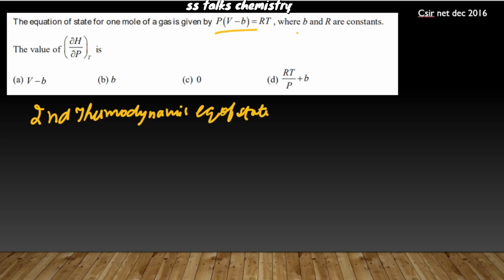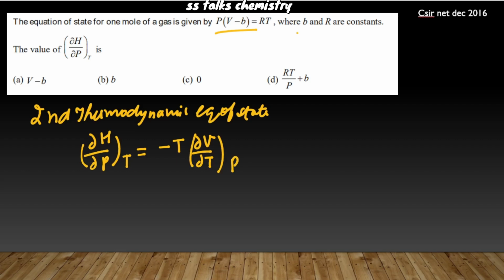Now we know that del H by del P at constant temperature is minus of T into del V by del T at constant pressure plus the volume term. This is what we have as per my second thermodynamic equation of state.